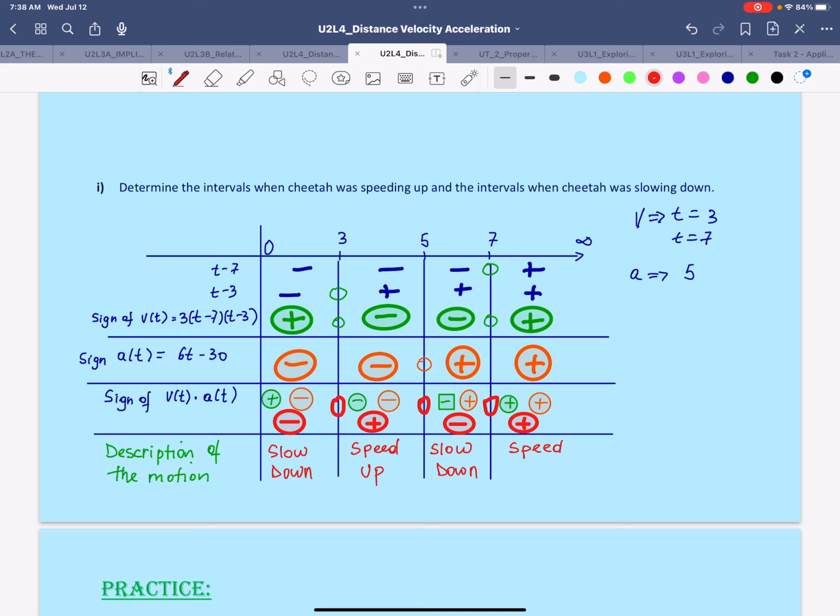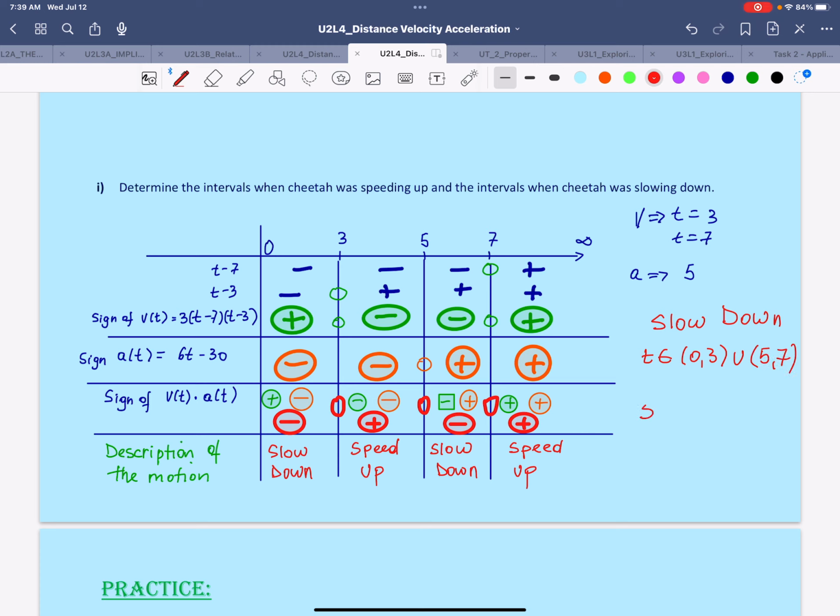And with this, we have found the intervals of time when the object is speeding up or slowing down. So the object is slowing down in the time interval 0 to 3 and 5, 7. So we'll write that down. Sometimes this would be a question on a test. So slow down in the time intervals from 0 to 3, joined by 5 to 7.